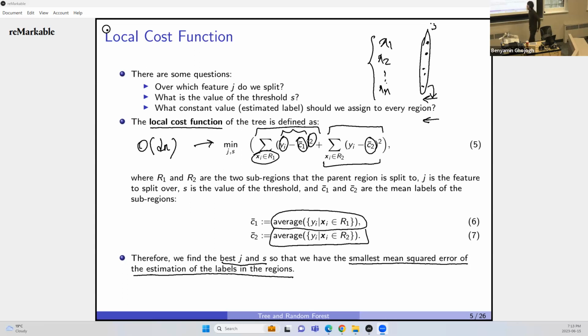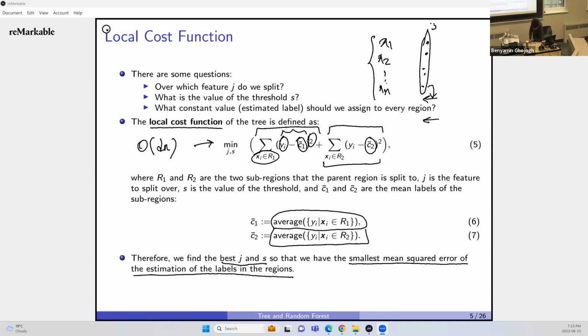So we can say that we'll have a nested loop for this optimization. One loop is over J from 1 to D, and one is over S from values across all of the data points, and it is at most n. So it is in the order of d times n complexity, big O notation, right?